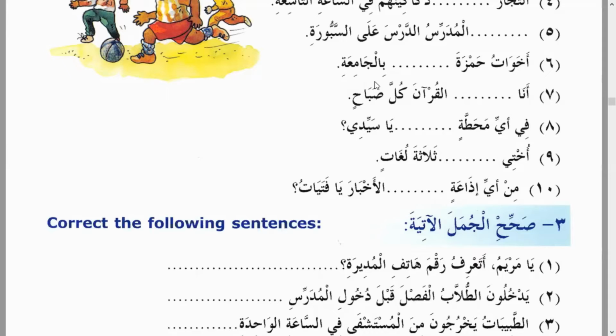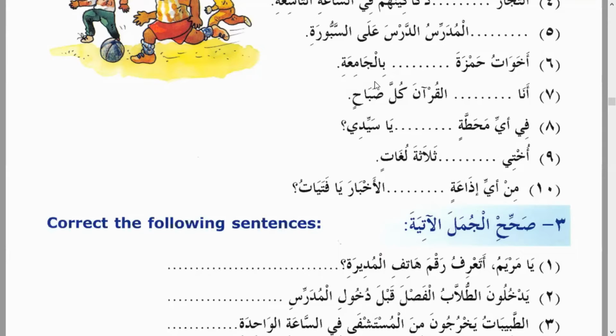No, no. Sisters of Hamza dash in the university. Study. Sisters of Hamza study in the university. Because ba came, right? That ba is showing us, yeah, darasa. The mudare is yadrusu. But the correct form for sisters.